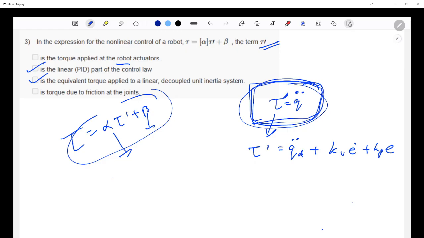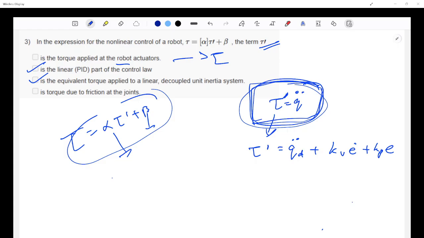Now let's see the first option. It is a torque applied at the robot actuators. No, the actual actuator torque is tau, it is not tau dash. Tau dash is only an intermediate control signal. Tau dash is not physically applied. Instead, tau is applied, the dynamics cancel out, and tau dash is just an input torque to the simple system.